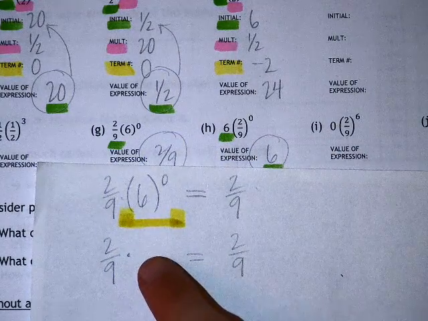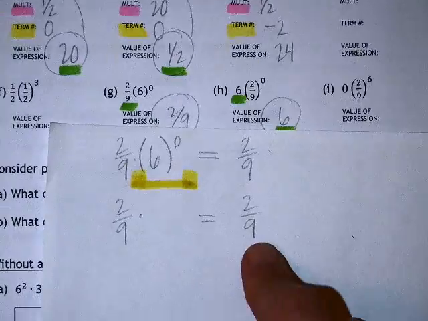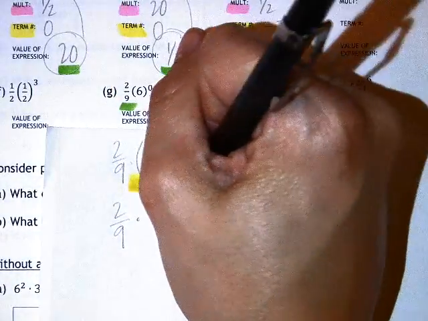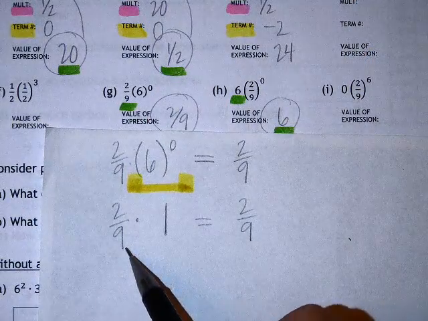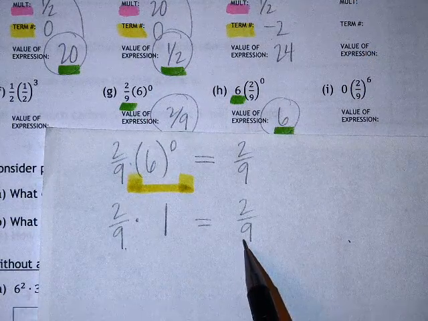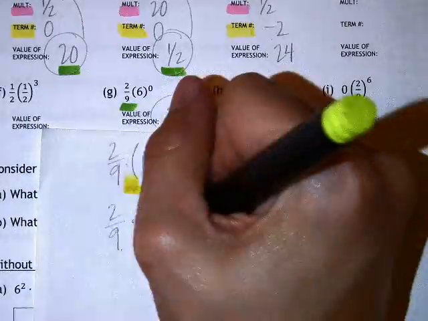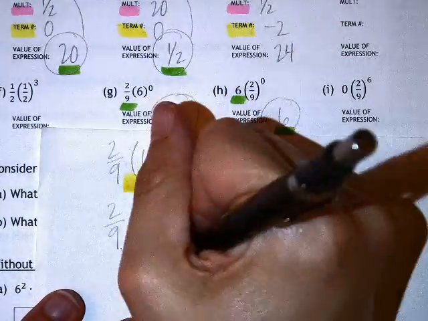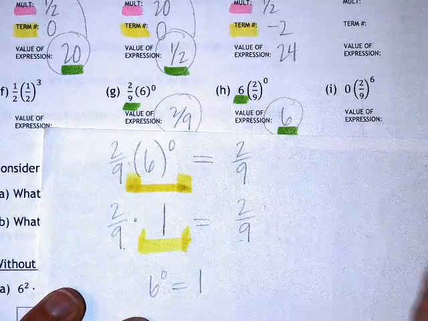Mathematically, well, what could we be multiplying by? To essentially make something unchanged, we would say, oh, well, 2/9 times 1, that's the only thing I could multiply by that doesn't change the 2/9 at all, which leads us to believe, by essentially substitution, that 6 to the power of 0 must have a value of just 1.